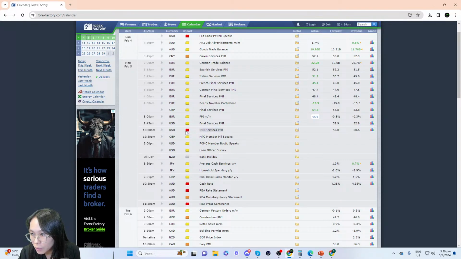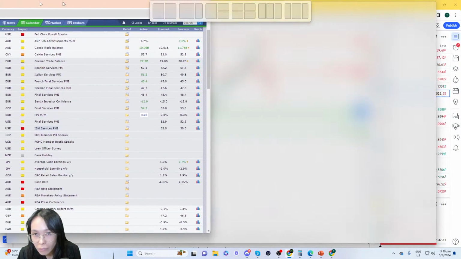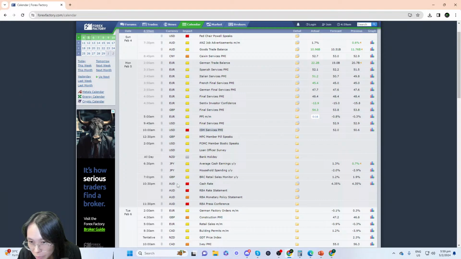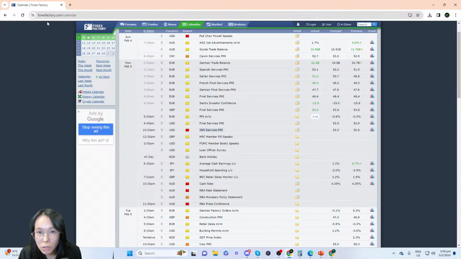It's a red folder event, which is quite high impact, so it could affect gold, the dollar index, and also the Aussie. There's also some high impact news releasing at 10:30 p.m. today, some red folder and orange folder news. If you're interested, you can go to Forex Factory and look at the calendar.